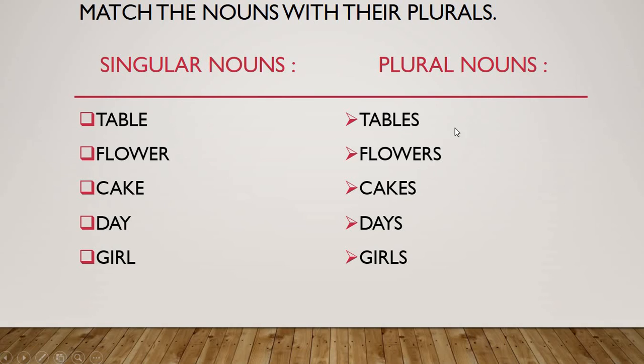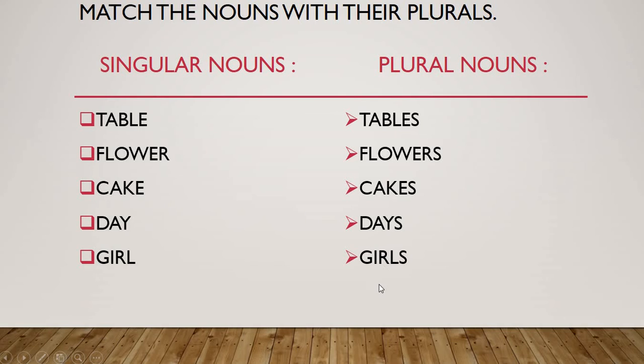Again added s. Cake is matched with cakes. In the same way, adding s at the end, and day is matched with days. Again no change, just adding s. And the last option, girl, is matched with girls to make it plural.